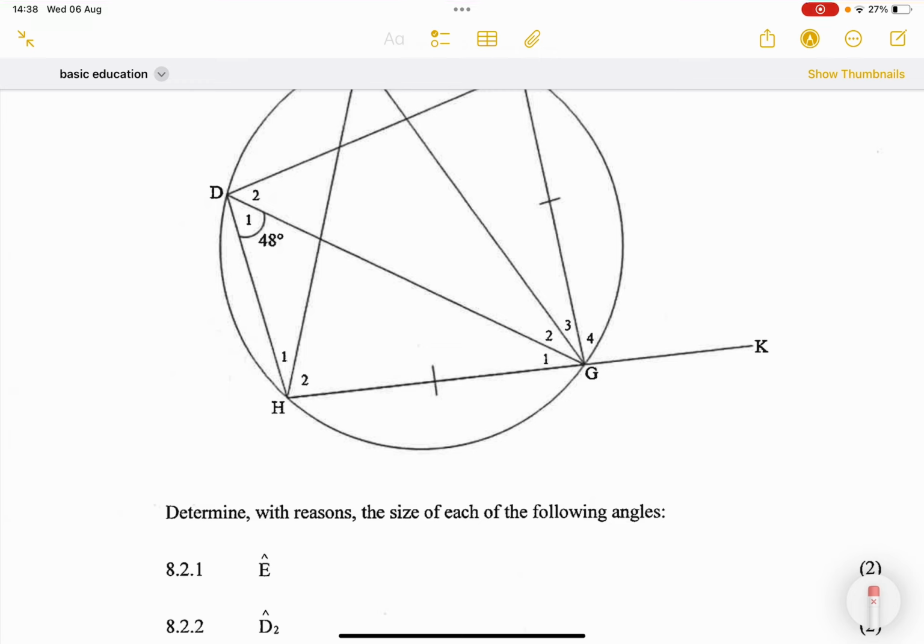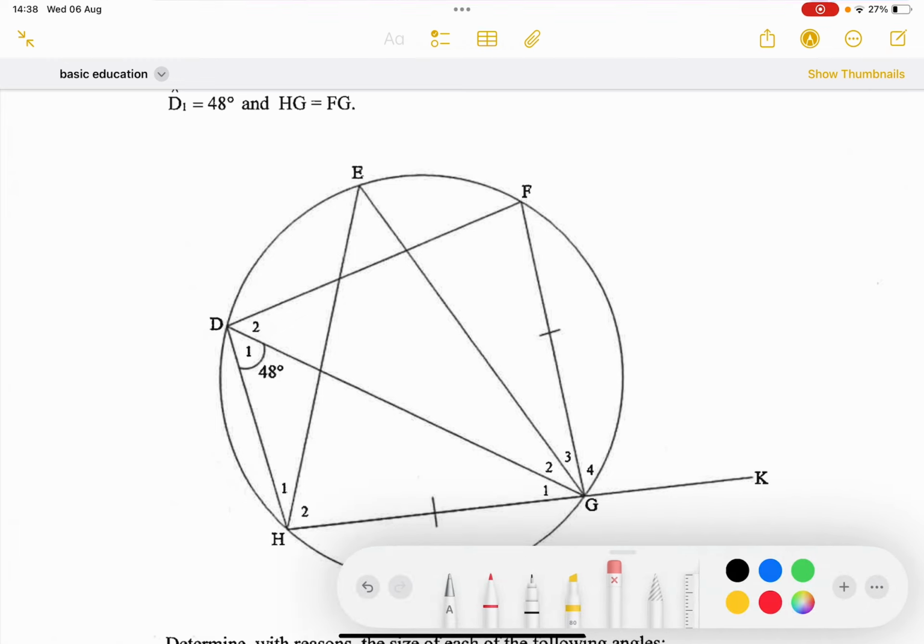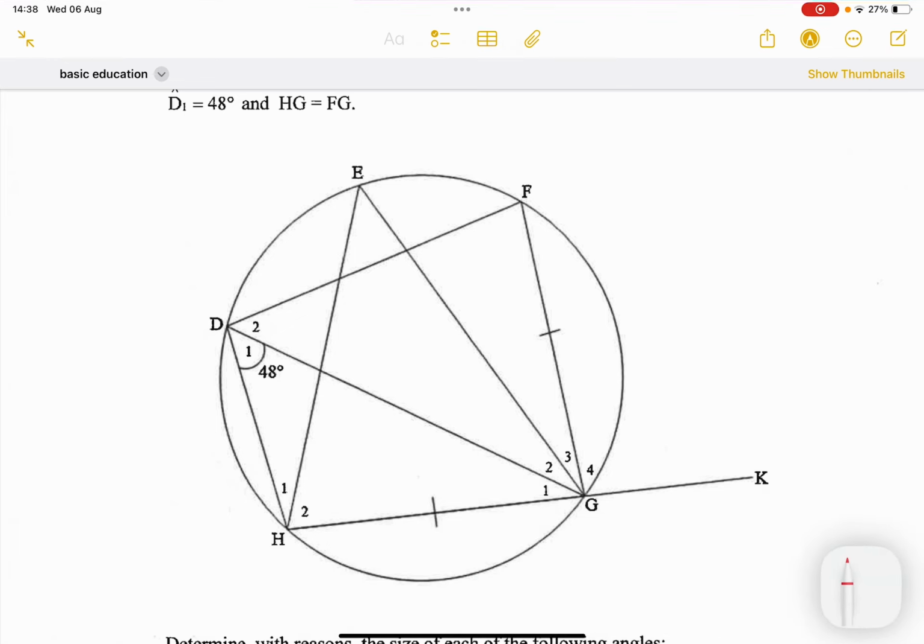So they say determine with reasons the size of each of the following angles. Right, angle E. So firstly, let's look at angle E. Angle E would be equal to angle D1. So that would be 48 degrees. And the reason for that is that these are angles on the same segment, right? So remember, we've got that butterfly.